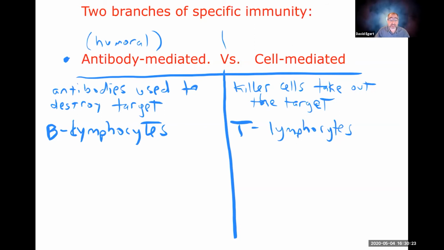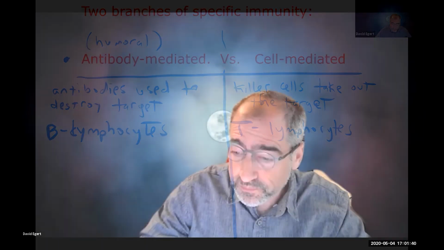The B lymphocytes mature in the bone marrow, so B for bone. The T lymphocytes mature in the thymus gland, which is up over your heart. So T for thymus. So they're both lymphocytes. They're both specific immunity, but they mature in different places and they're going to play different roles. We are going to continue looking at specific or adaptive immunity.